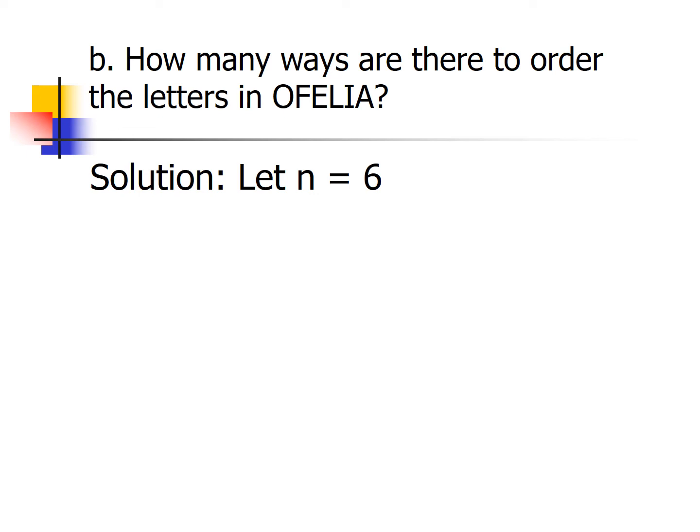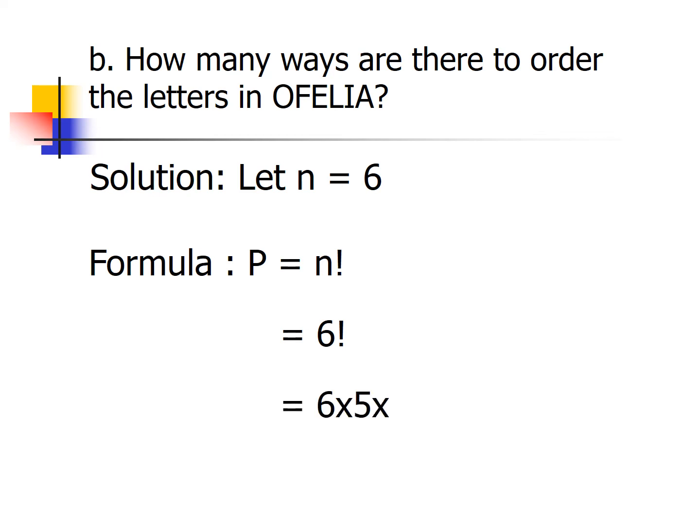Paano natin malalaman kung ilang beses natin yan mai-arrange? So, gamit ang n factorial. That will be 6 factorial is equal to 6 times 5 times 4 times 3 times 2 times 1 is equal to 720 ways.